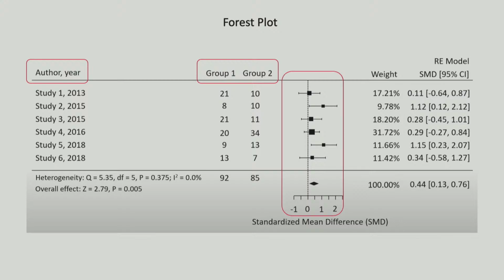The third will be the estimate of effects. If you see, you'll have a box and you'll have a line. I'll come to what this means exactly. And this is the line of no effect. If you see there's a line running, this is called the line of no effect. The line of no effect means that if everything lies on this line, both the interventions are equal.